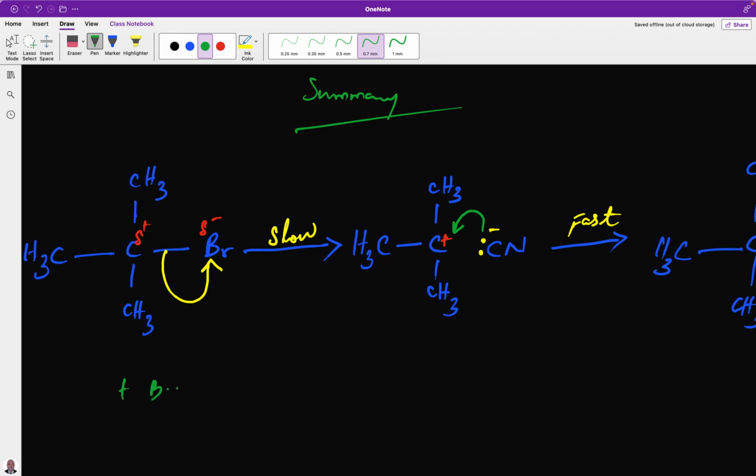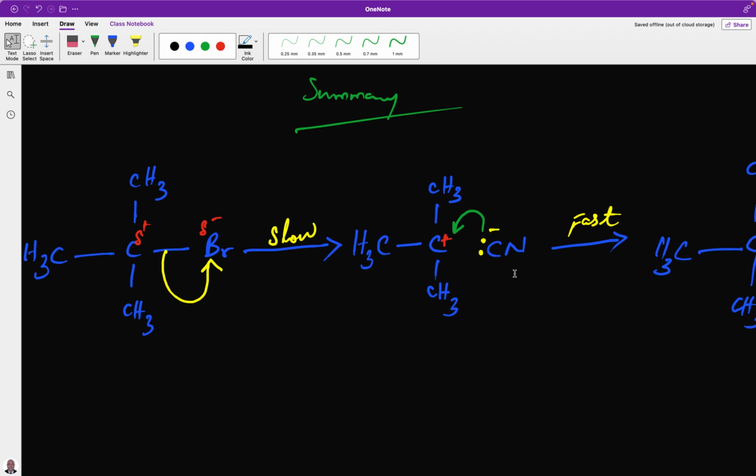The bromide now leaves. So this is just a summary of it. Ionization leads to the formation of a carbocation.